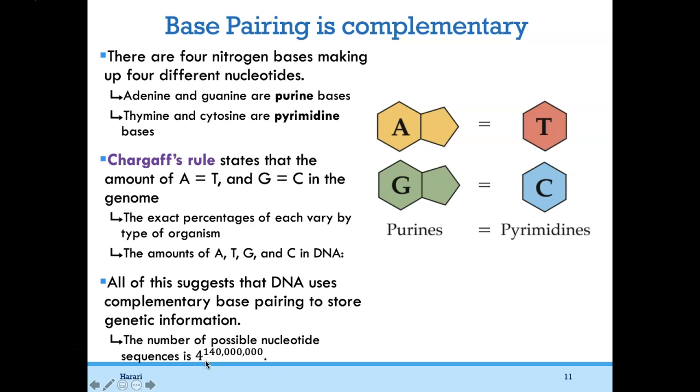You have 4 possible letters, A, T, C, and G. So it's 4 to the power of 140 million, which tells you how many different sequences there could be on a chromosome. So this amount of variability explains how each species can still have its own unique base percentages.